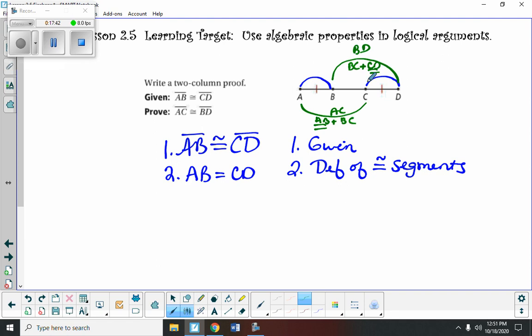What did we do to both of them? We added a BC on. So let's make the statement that we're going to add BC onto both sides. But before we do that, in geometry we always want to say that the length of BC equals the length of BC, because we want to show that we're adding an equal amount onto both sides. And that is the reflexive property.